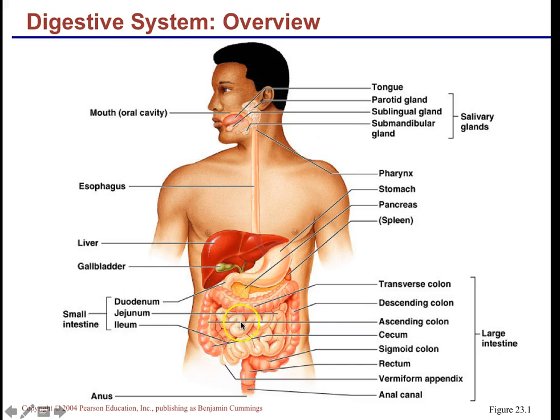Here you have the small intestine, which is made up of the duodenum, the jejunum, and the ileum. That's where you have most digestion and absorption taking place. What remains after that is pushed into the large intestine with its ascending, transverse, descending, and sigmoid colon, that will then push the feces into the rectum and then the anus.